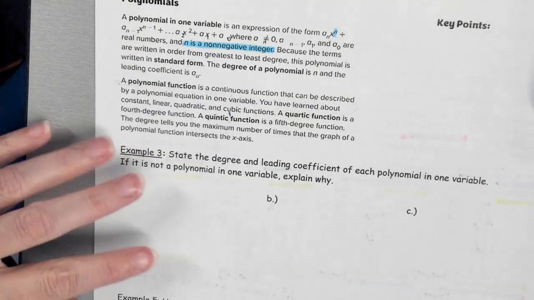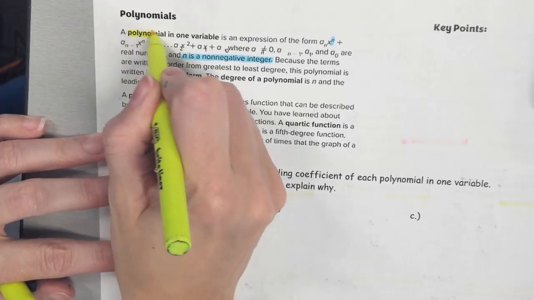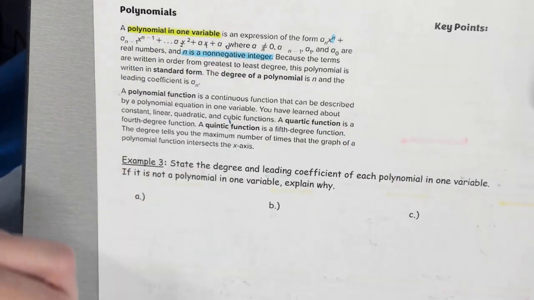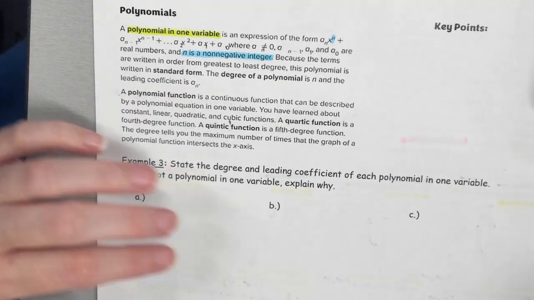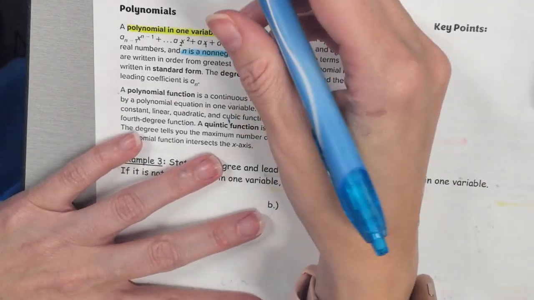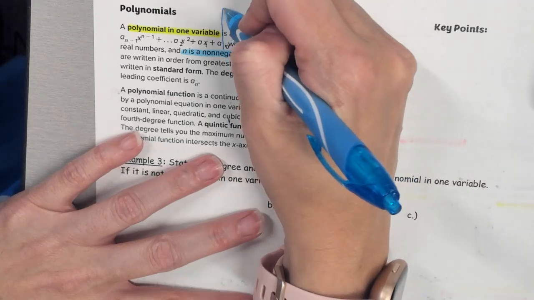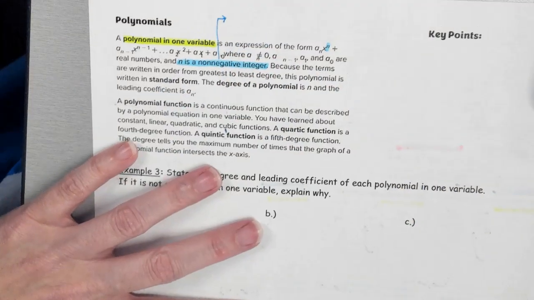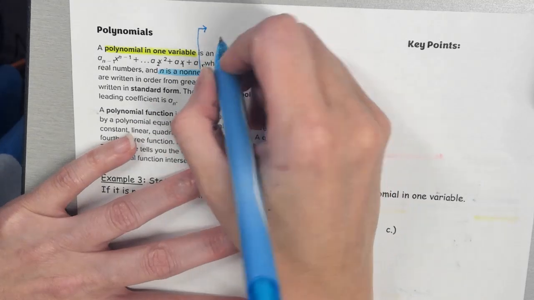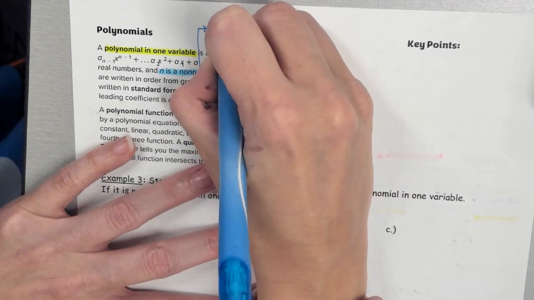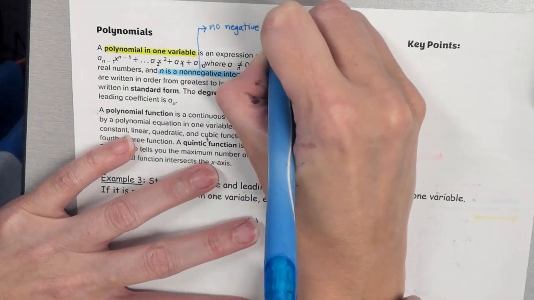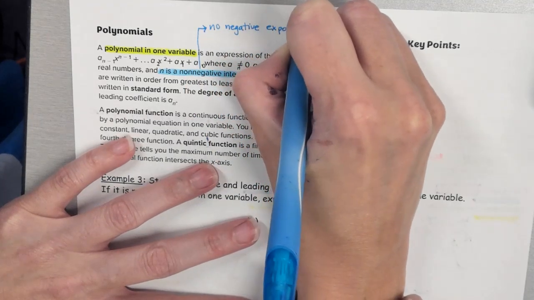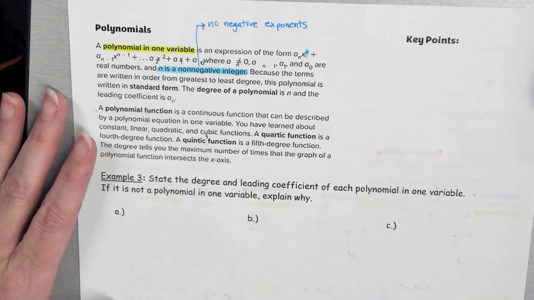Okay, this is called a polynomial in one variable because the only variable you're going to have is your x term. So if n is non-negative, that means that your exponent cannot be negative. So there are no negative exponents. You would have briefly talked about negative exponents in Algebra 1.